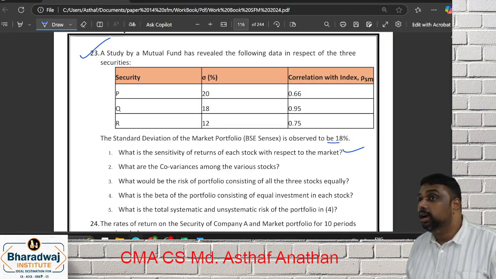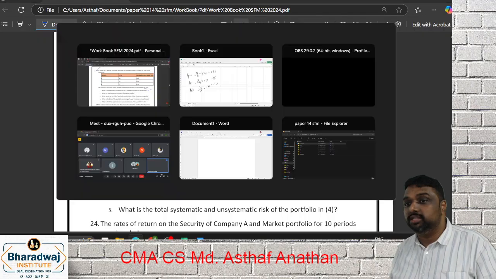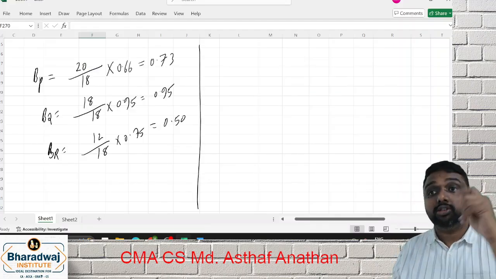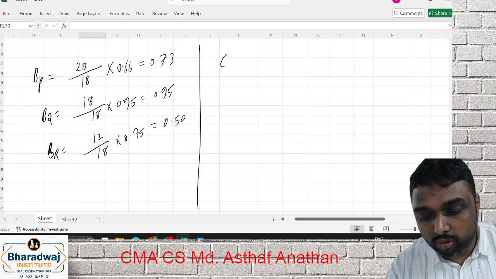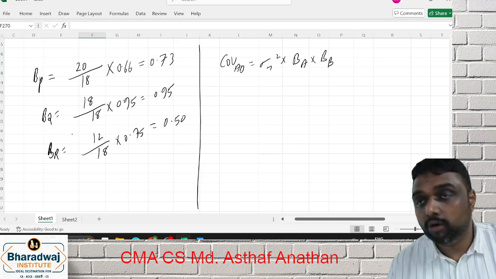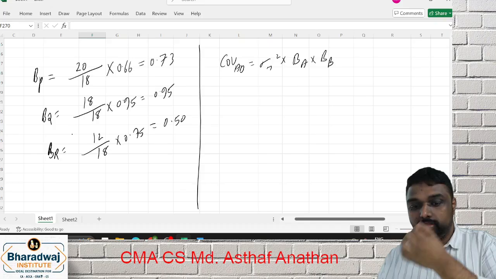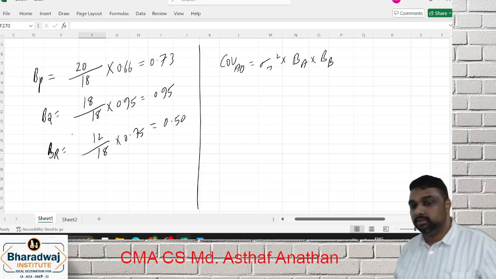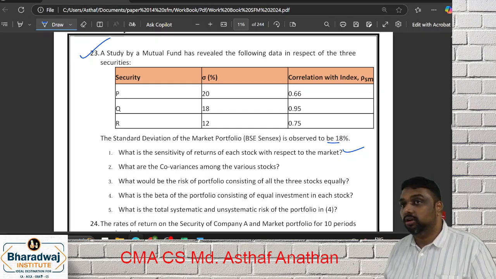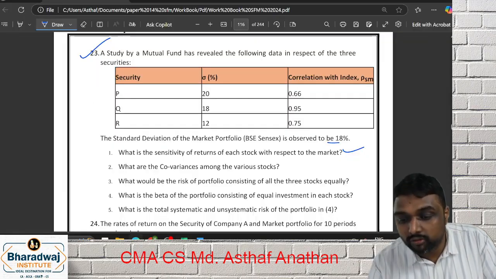What is next? Covariance among the stocks. See, there you can't approach it this way. Here you want to use the new formula we were discussing, because they are asking among the stocks. So you have to go for covariance: variance of market into beta of A into beta of B. Then only you can get the covariance among the various stocks. Some friends may be thinking you can go with correlation.